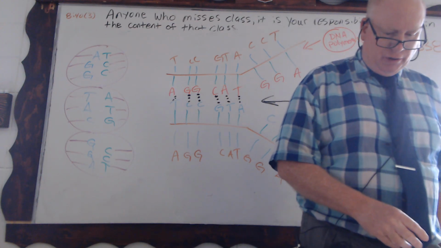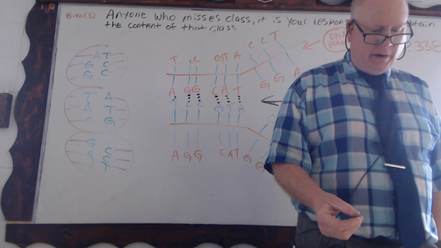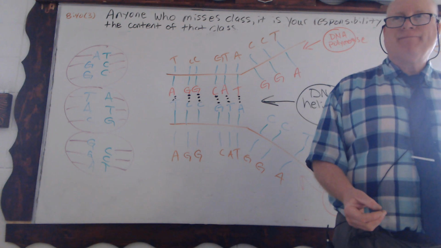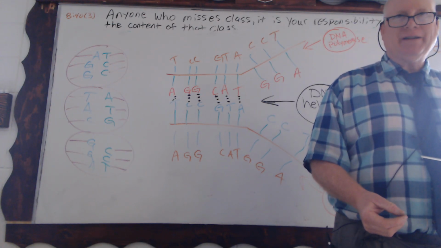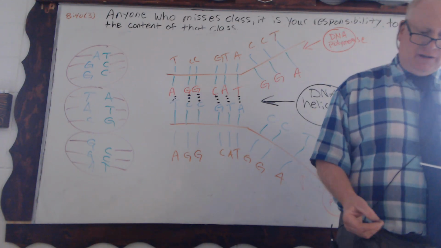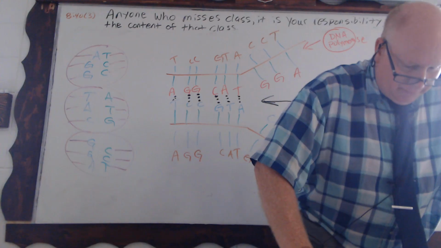So in the blue, on page 333, about a quarter of the way down, what does it say? Semi-something. Conservative replication. Yeah, semi-conservative replication. Okay, so just follow along, page 333.